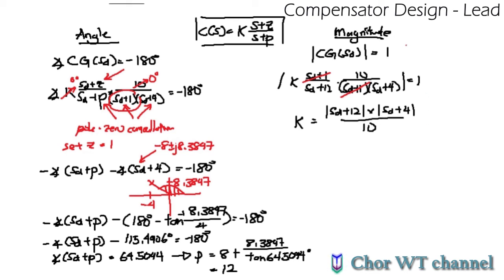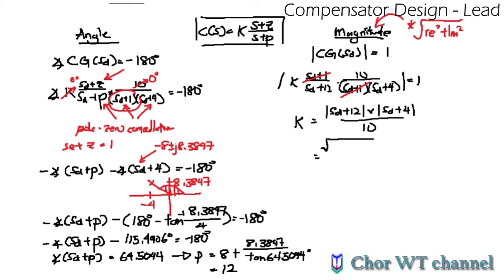One thing you have to remember here is that the magnitude is equal to the square root of the real square plus imaginary square. So if we imagine our SD is equal to -8 plus j8.3897 and we add 12, the real part will become 4.